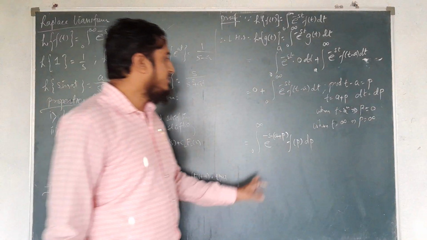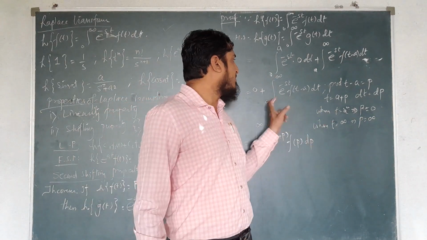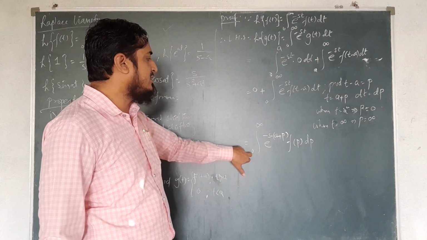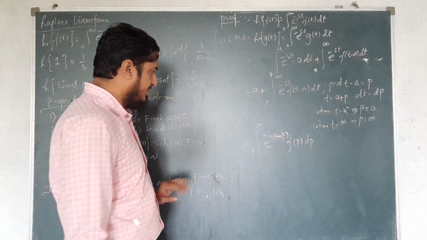Correct? And as t runs from a to infinity, p runs from 0 to infinity, so we have the interval of integration from 0 to infinity.